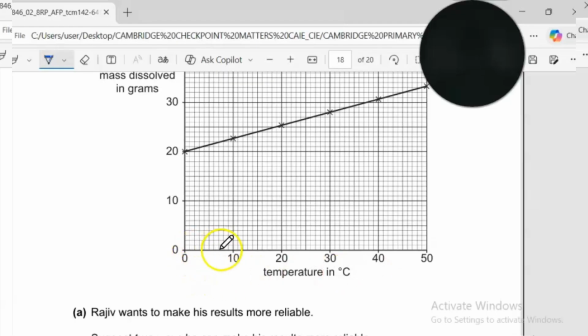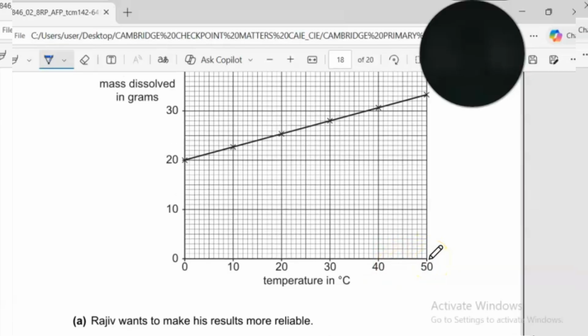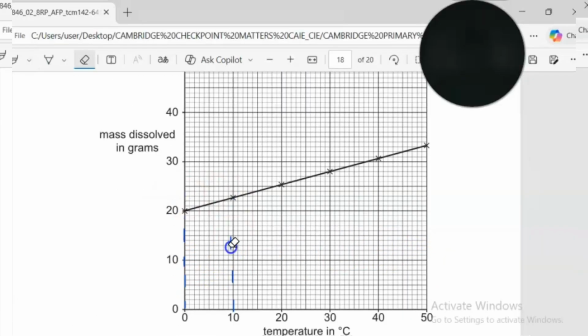So using 2 centimeter for 10 units also, from the origin we have 10 degrees centigrade, 20, 30, 40, and 50 degrees centigrade. And he had plotted his results. When you're studying a graph, you need to be able to interpolate the results. You need to be able to match the points correctly in the appropriate way for you to get the required answer.